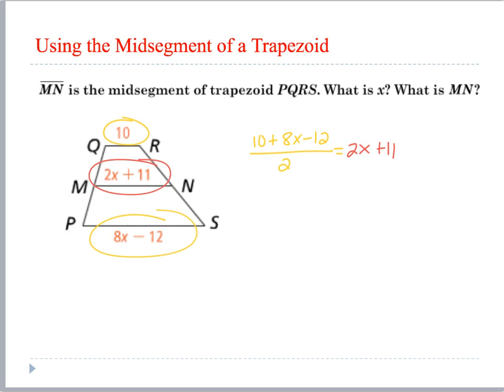At this point, it would be a good idea to pause, work through this on your own, and then come back and see if you get the correct answer. All right, I'm going to multiply both sides by 2.